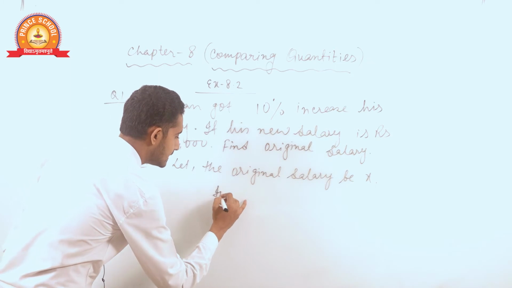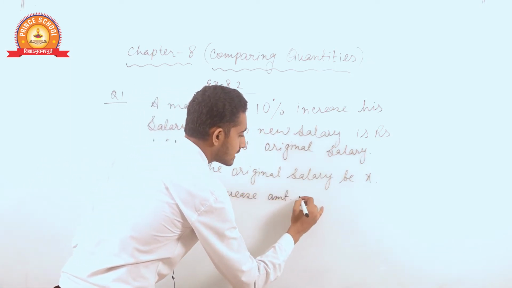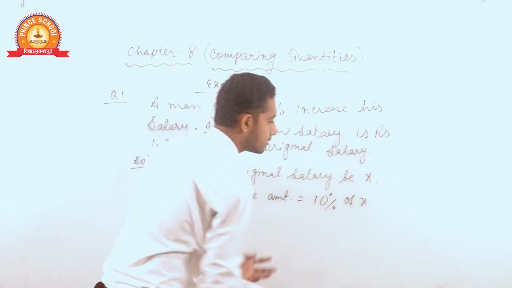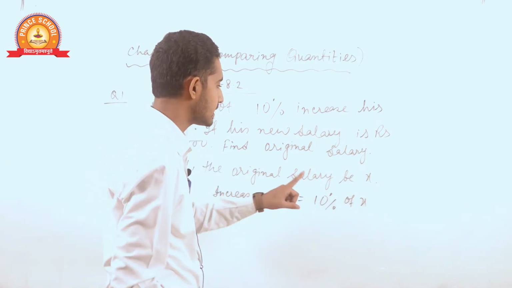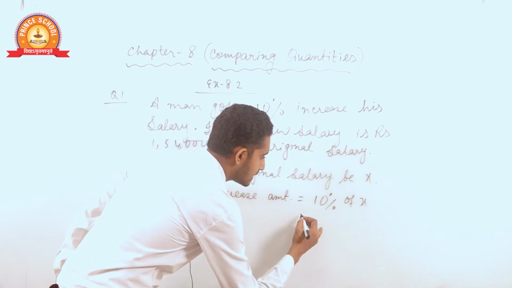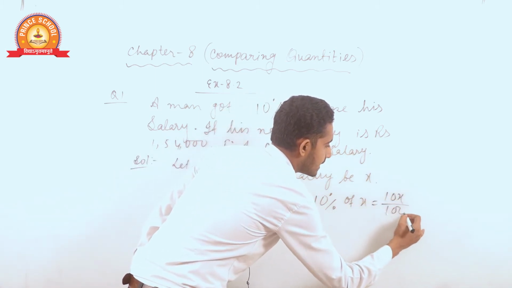We can say increase amount is equal to 10% of X. Always remember, when you calculate increase amount, it is a percentage of the original amount. So, 10% of X, that means 10X upon 100.